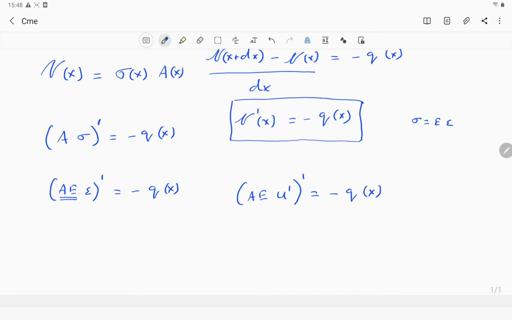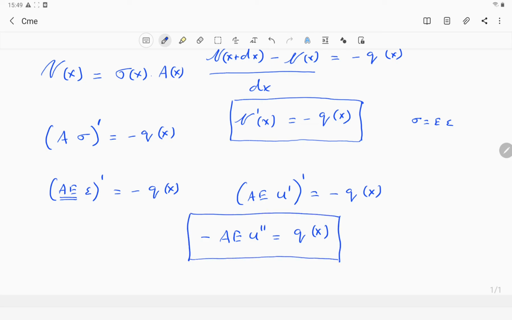In most cases, at least for the problems which we dealt with in academics, A and E will be constant, and at that time I can remove this A and E outside of this bracket, so that AE u double prime is equal to minus q of x. Otherwise, I'll put the minus over here, which is equal to q of x.